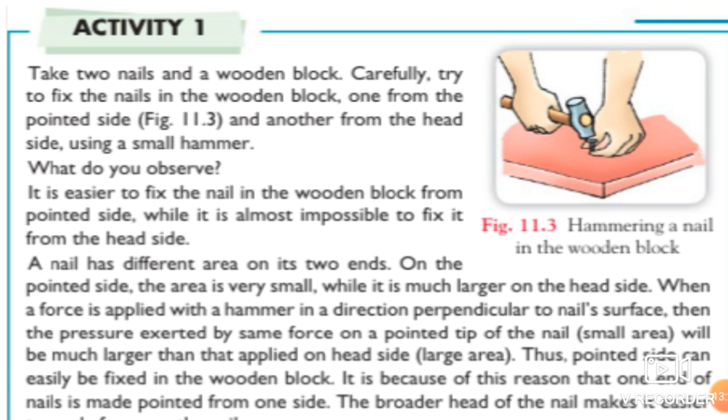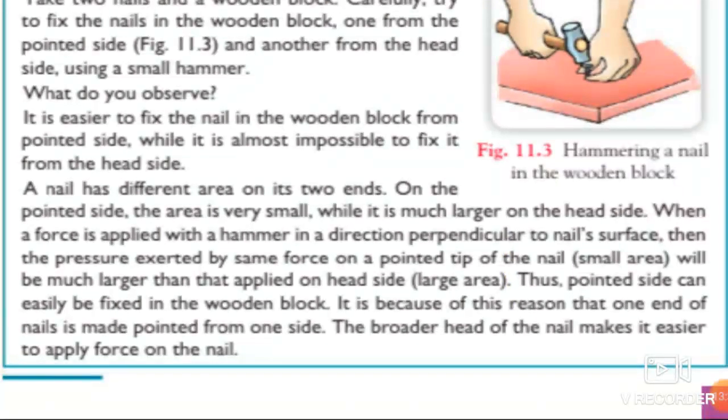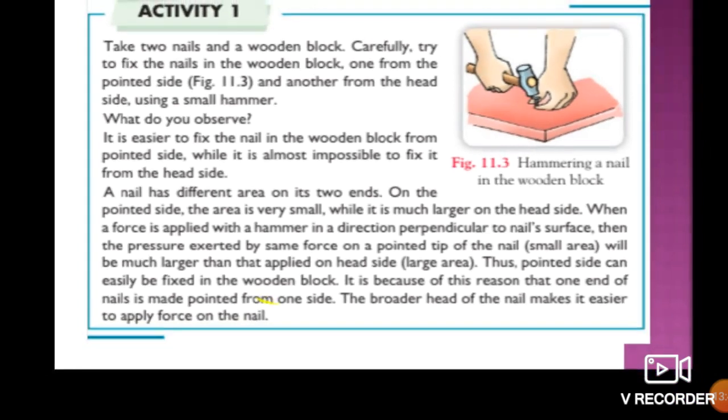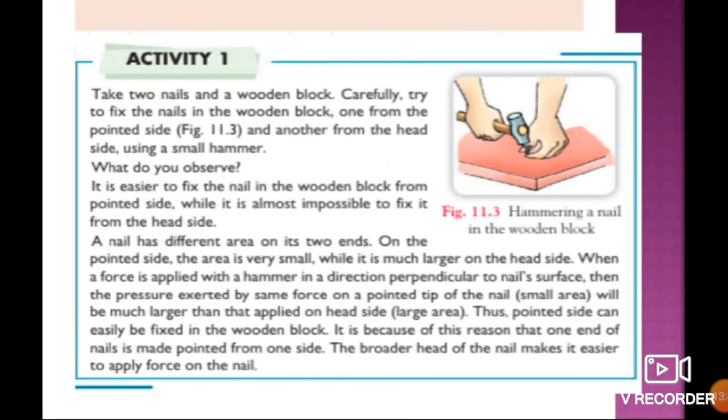Thus the pointed side can easily be fixed in the wooden block, and it is for this reason that one end of the nail is made pointed. The broader head of the nail makes it easier to apply force on the nail. Okay students, this is the difference where we can say that pressure is exerted by solids, and what we have seen is that as the area is small, the pressure exerted is large.